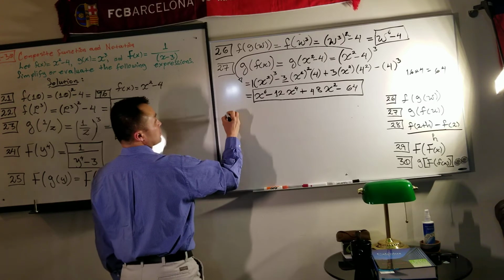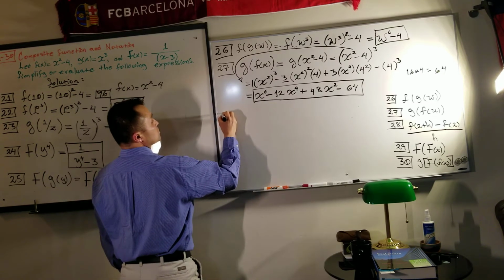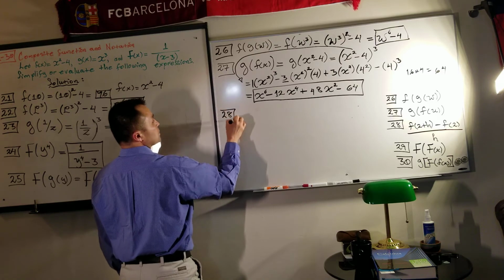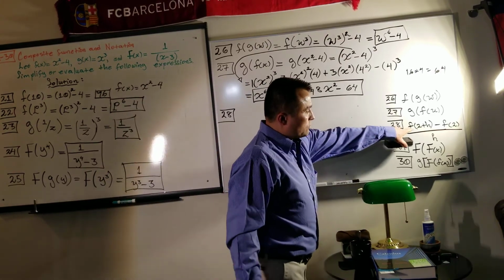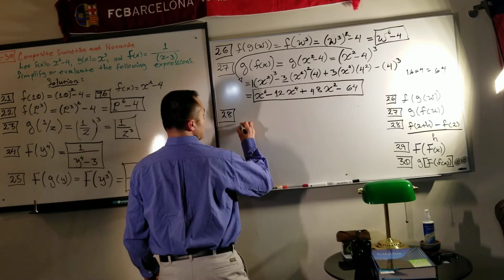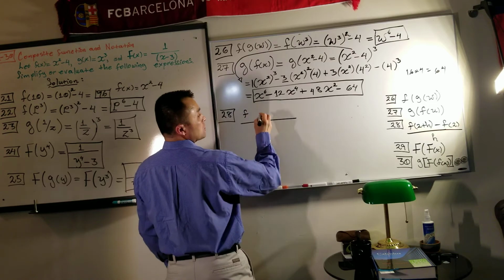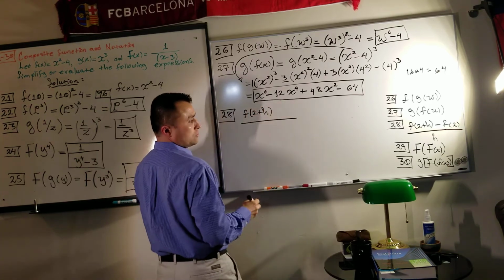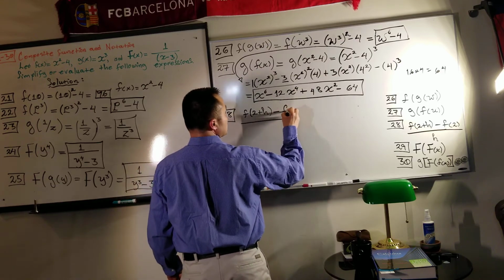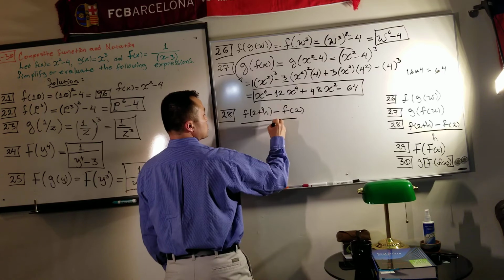All right, let's find the answer for problem number 28. And problem number 28 says f of 2 plus h minus f of 2, divided by h.